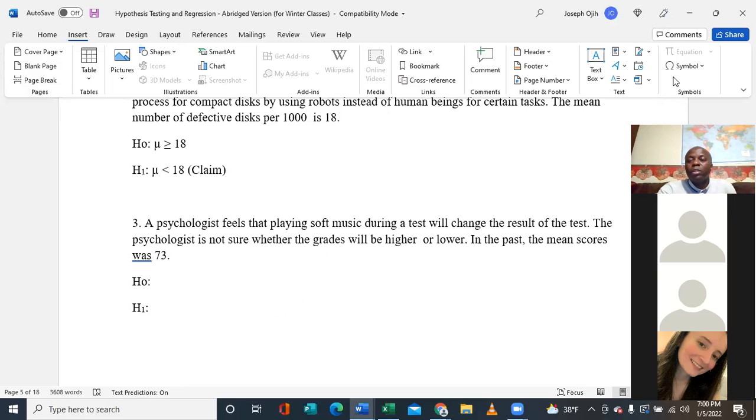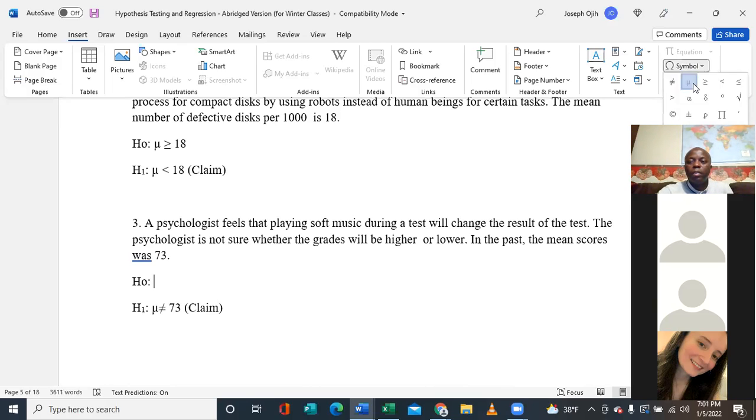That means not equal to, which you can only use in the alternative hypothesis. So you have mean is not equal to 73. That is the claim. Then H0 becomes the opposite. Not equal to means equal to.